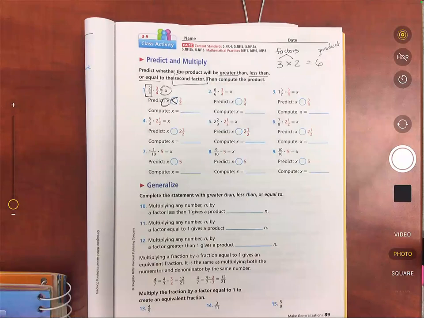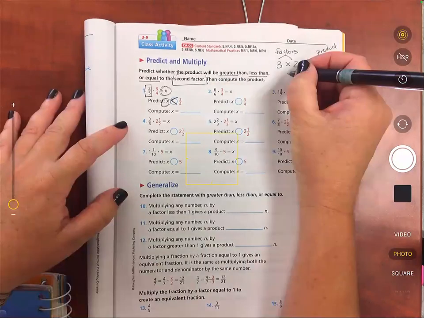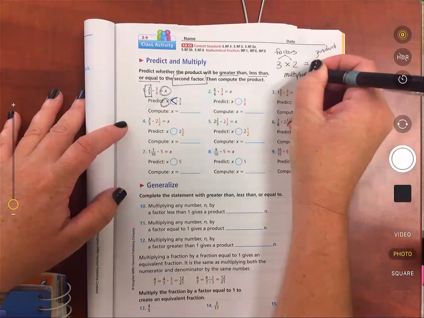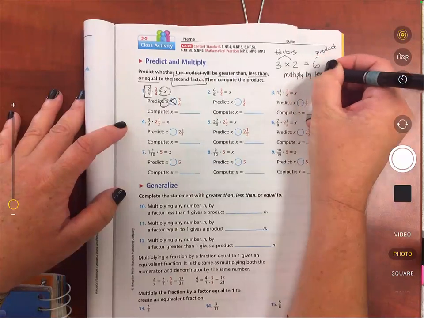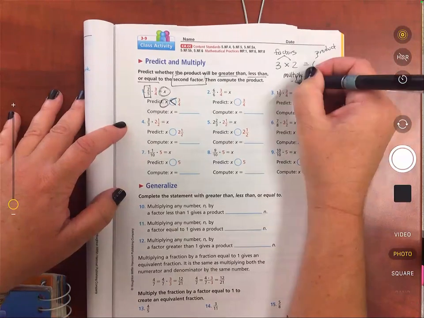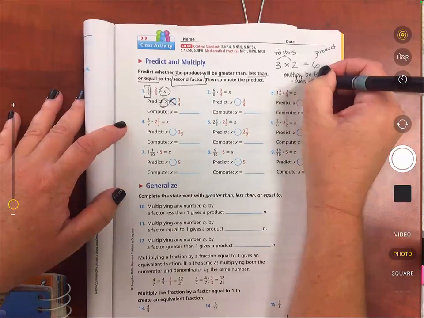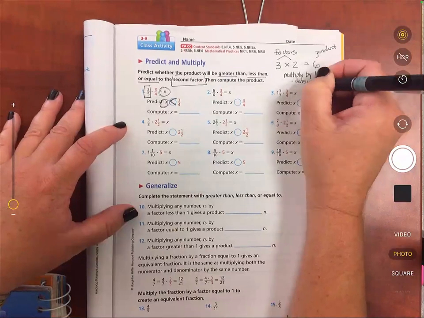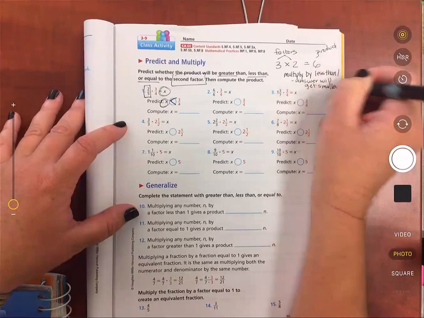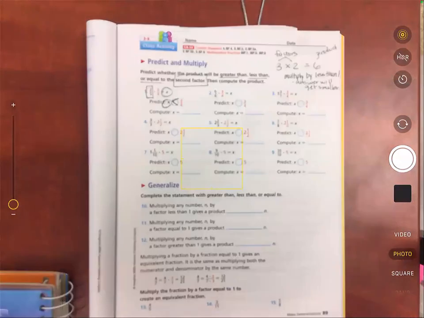Okay, so if we are going to multiply by less than 1, our answer will get smaller. Again, I would take these notes in my book too.